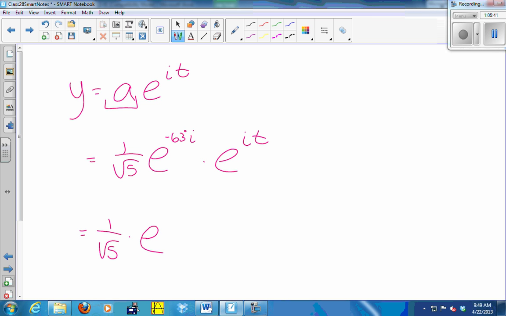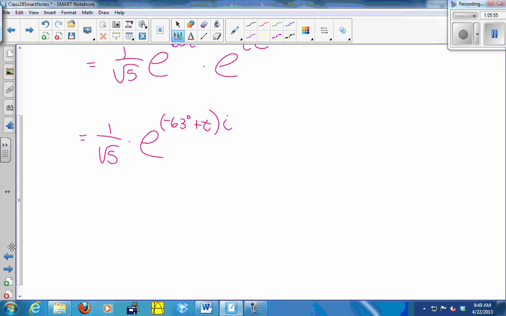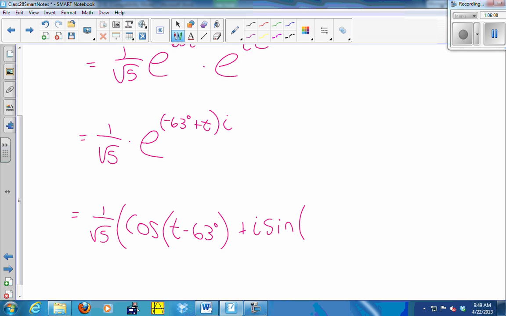They're like terms, so you get negative 63 degrees plus t, times i. Change it to use Euler's formula here: 1 over root 5 times cosine t minus 63 degrees plus i sine t minus 63 degrees.